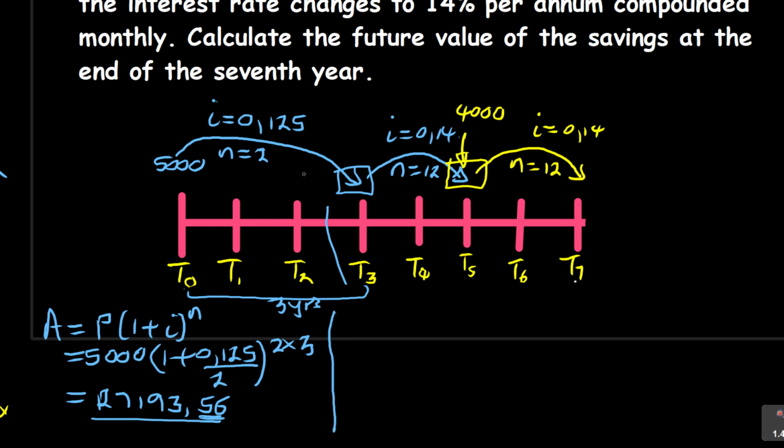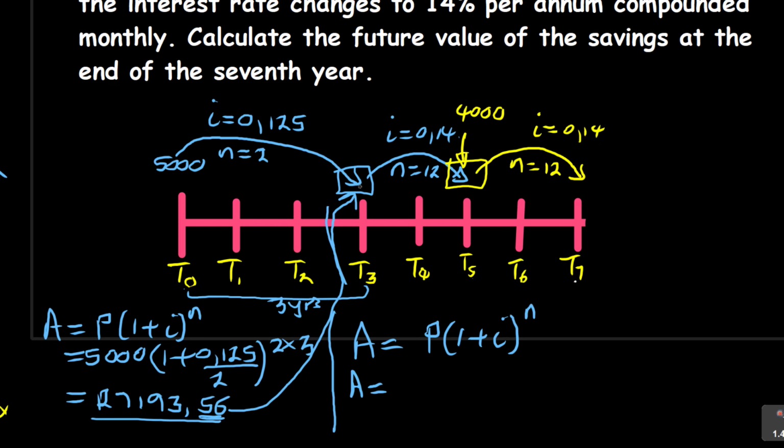Pay attention, I take this money, which is here now. After 3 years, when you go to the bank, you're going to find what? If I say A is equal to P(1 plus I)^n, what is my accumulated 5,000?